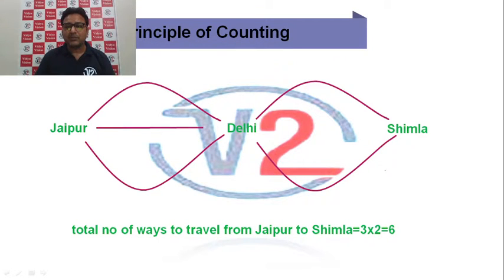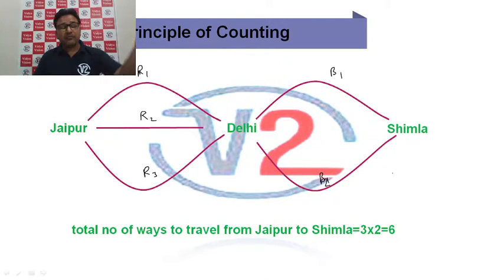How many ways from Jaipur to Delhi and Delhi to Shimla can we go? We can put names here: R1, R2, R3, and B1, B2.